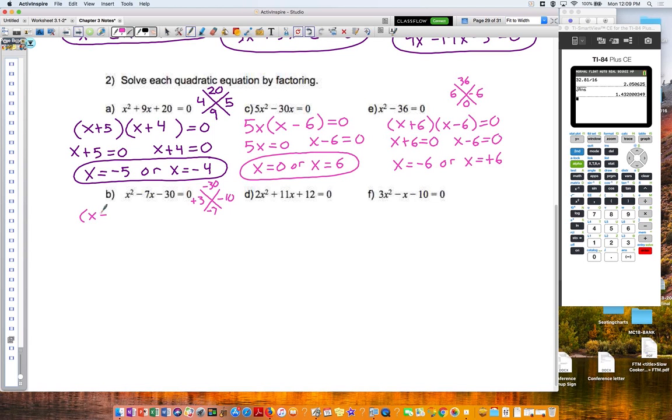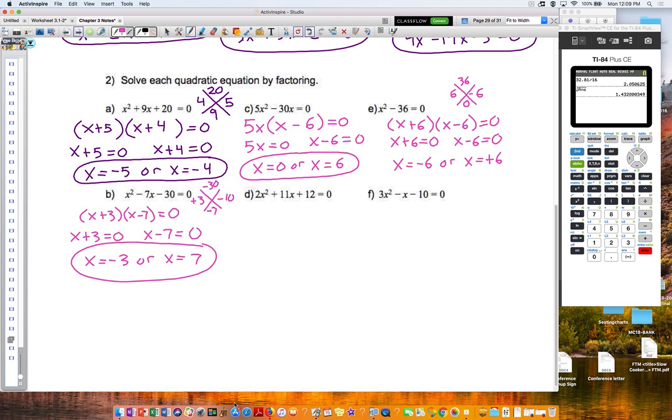So I have x plus 3, x minus 7 equals 0. So set them each equal to 0. So I get x equals negative 3, or x equals positive 7.